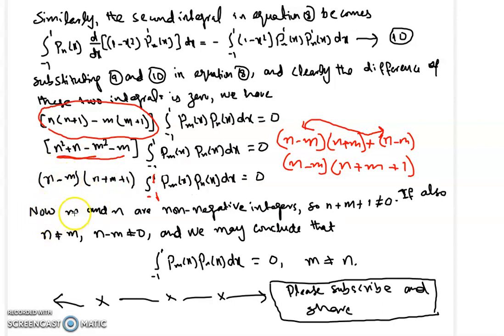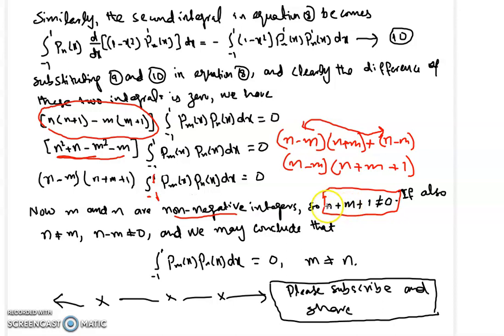Now as m and n are non-negative integers, when we add 1 to them, it is sure that it will not be equal to 0, because n and m are non-negative integers.